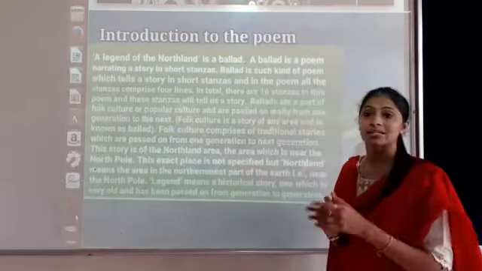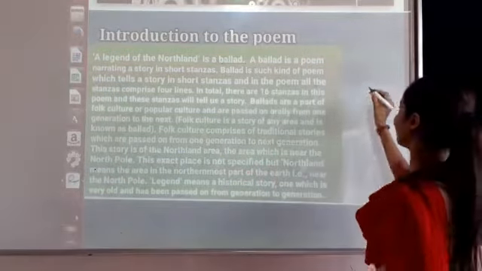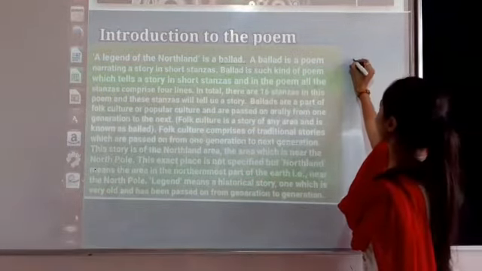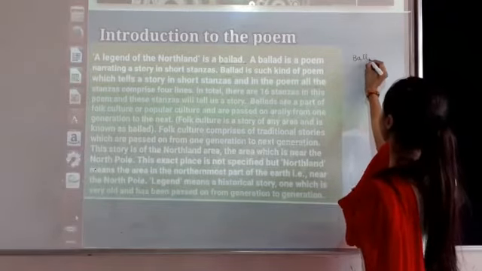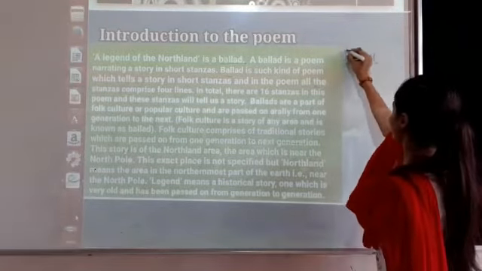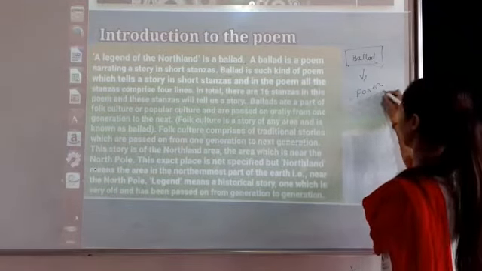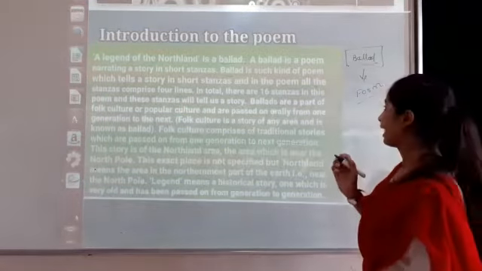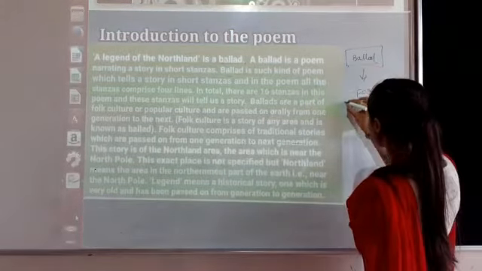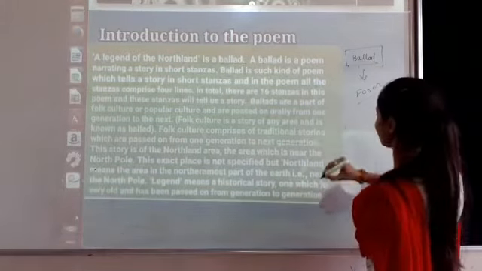This poem, A Legend of the Northland, is also a ballad. Ballad is a form of poem, one kind of poem. And how can we identify that this is a ballad?